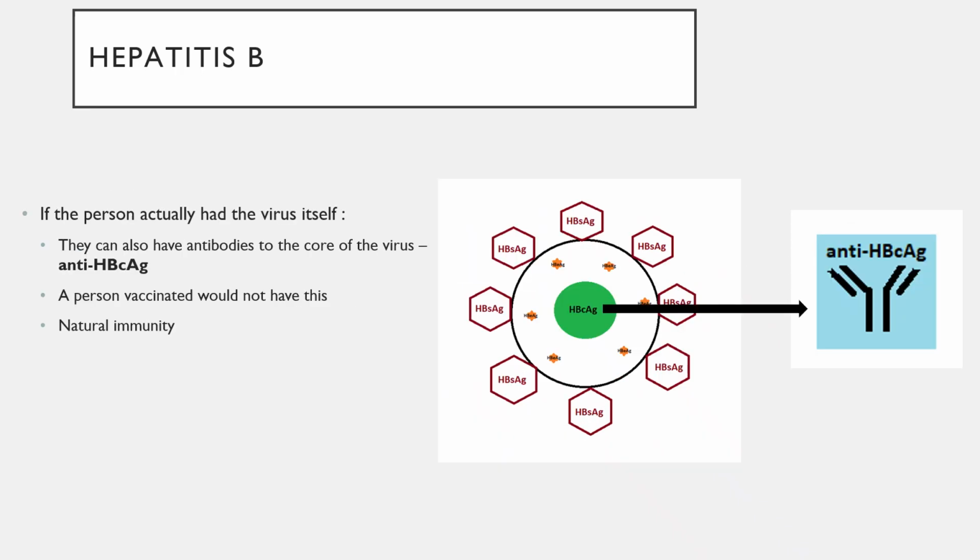Now here's the antibody that separates the vaccinated from the previously infected. Anti-HBc, antibody to the core antigen. Key concept, you only get anti-HBc if the actual virus entered the body. The vaccine does not contain core antigen, only surface antigen.